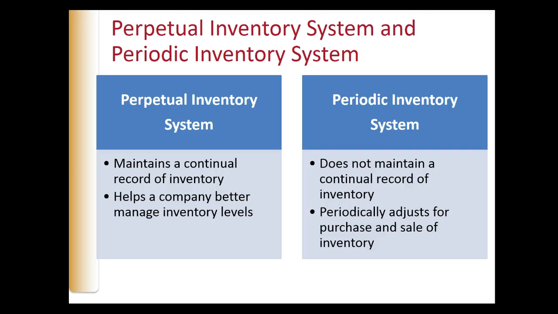A periodic inventory system does not continually record inventory amounts. Instead, it calculates the balance of inventory once per period at the end, based on a physical count of inventory on hand. Because the periodic system does not provide a useful continuing record of inventory, very few companies really use the periodic inventory system in practice to record inventory transactions.